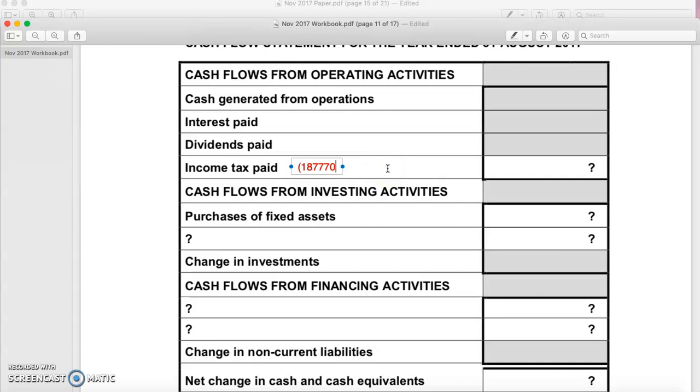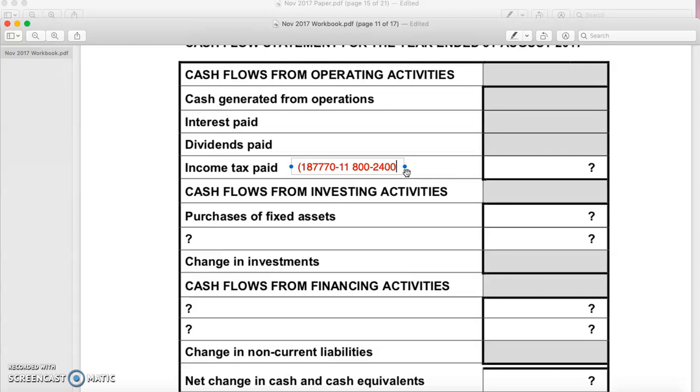And then I say, hey, I still owe SARS 11,800, so I need to subtract that, it wasn't paid to SARS, and because the 2,400 was on the debit side, I'm like, hey, that wasn't paid either, so I subtract that too, and that's how I calculate it.